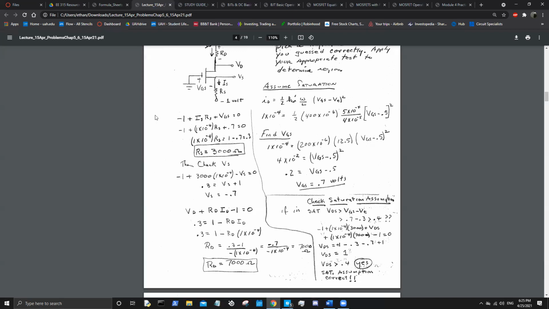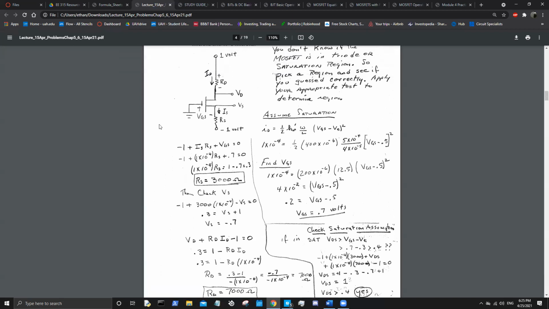Is he using different conventions when he does his KVLs? For that first one solving for RS, is he considering a voltage increase to be positive, and for the second one he's considering a voltage drop, like the voltage drop across RD, to be positive?